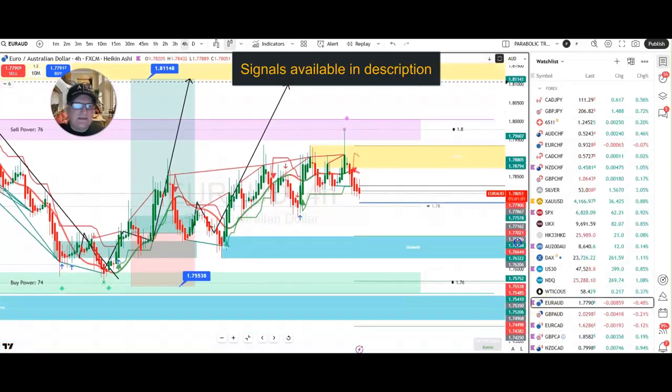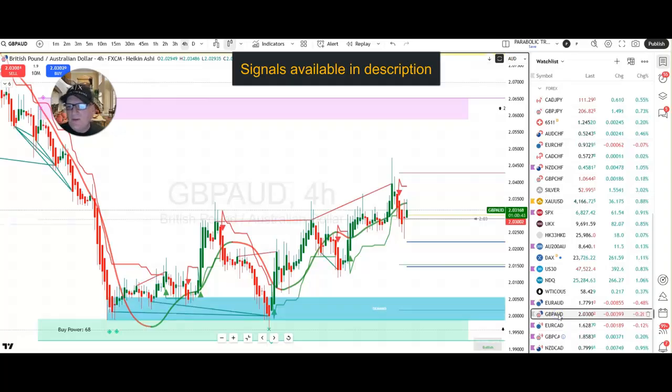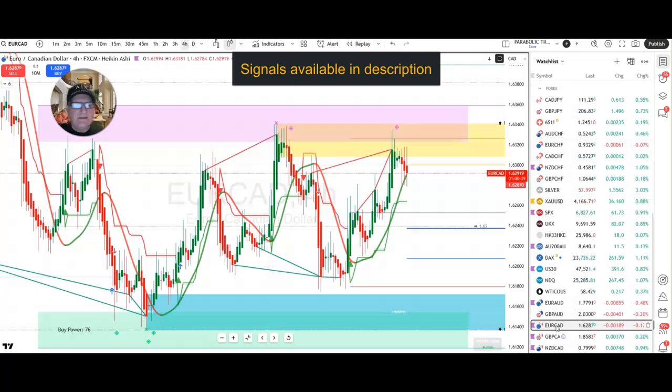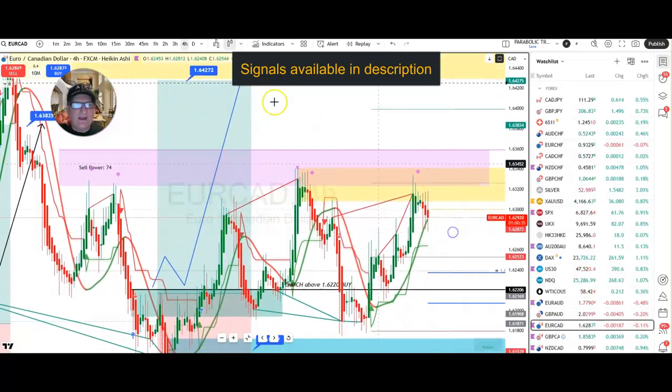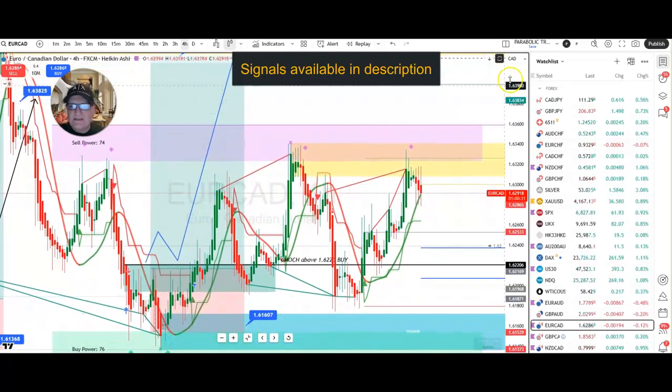Euro Aussie is fighting its way to target, isn't it? Pound Aussie doing not much. Euro Canadian looking very mixed, as you can see. We've got a target up here, 164.20. And I did mention this in the VIP room.